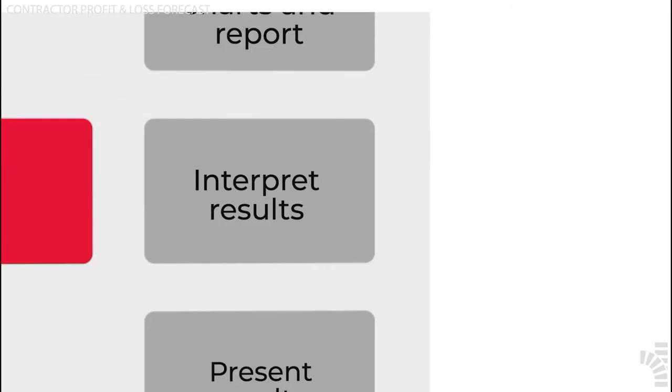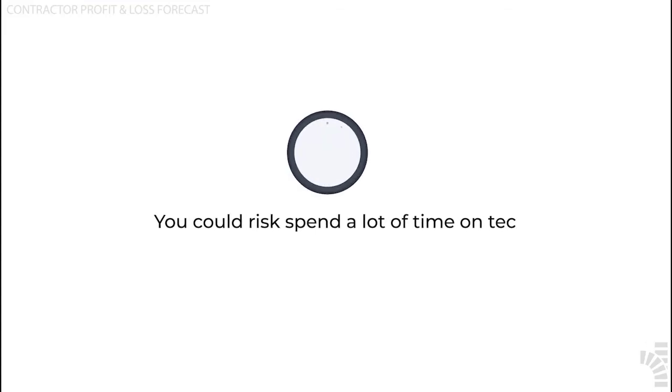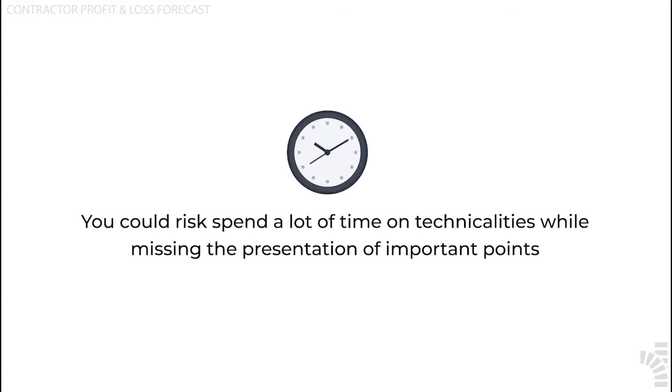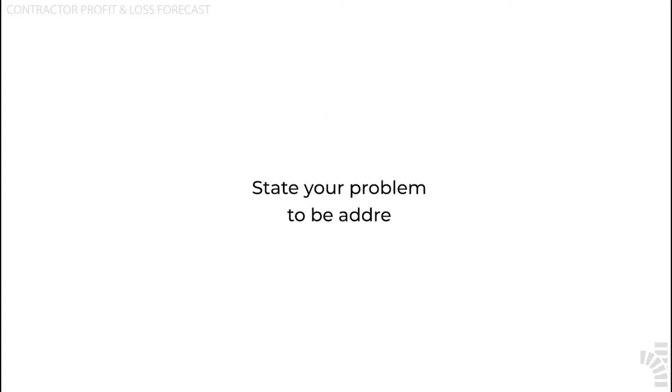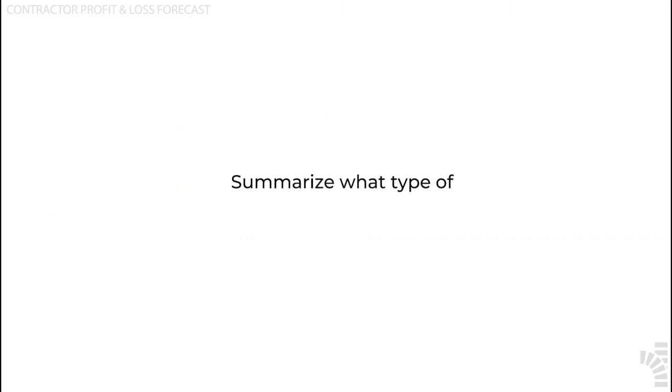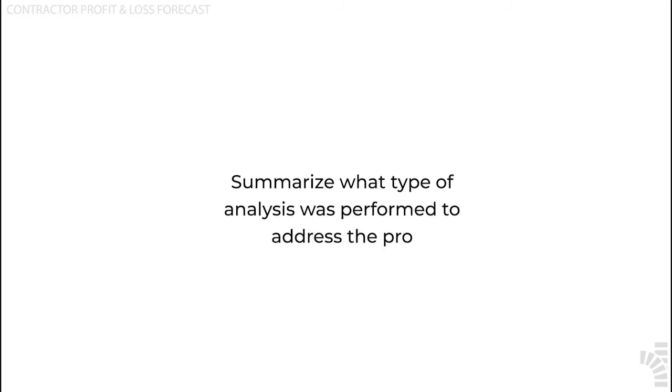9. When presenting results, we certainly do not recommend getting into a deep level of detail with respect to the Monte Carlo simulation, as it may become pretty technical. You could risk spending a lot of time on technicalities while missing the presentation of important points. First, state your problem to be addressed. Then, summarize what type of analysis was performed to address the problem.